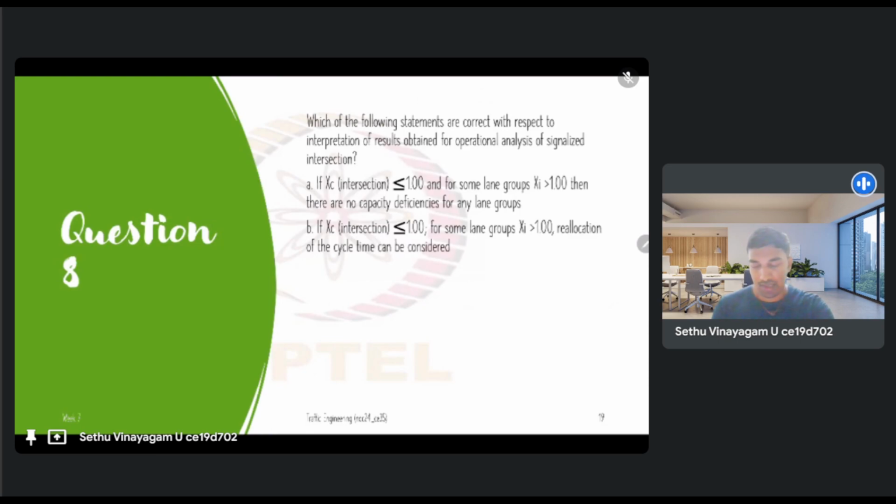Option B is if Xc is less than 1, but some lane group has Xi greater than 1, then reallocation of the cycle time can be considered. C is if Xc is greater than 1 and some lane group also has Xi greater than 1, change in the intersection geometry may be suggested as one of the improvement strategies.